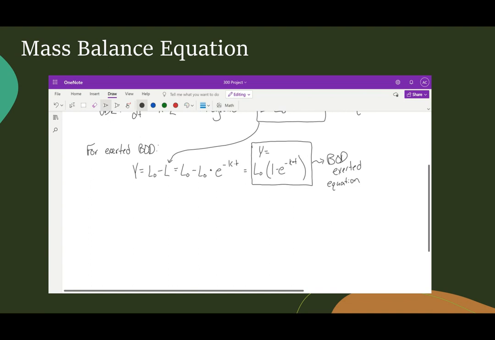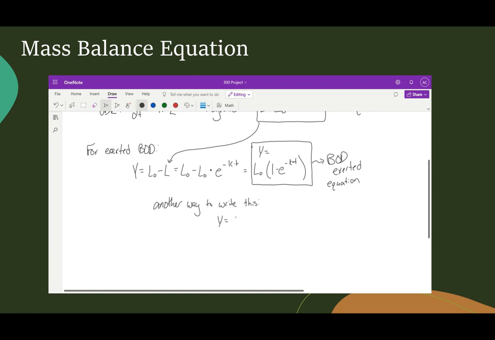Furthermore, we will be solving for the oxygen concentration at a given time. And so we will need to use the equations we just solved for to find the oxygen concentration. In order to help with solving for this, we want to rewrite what we know about exerted BOD.